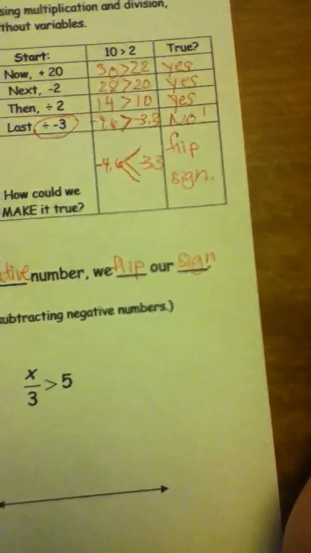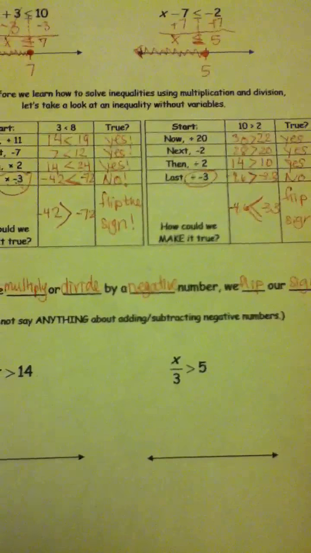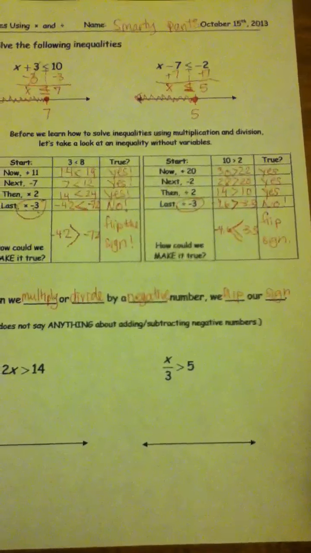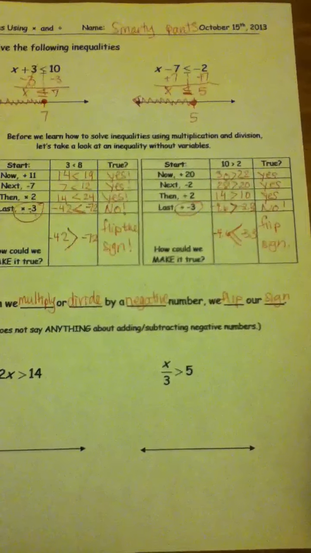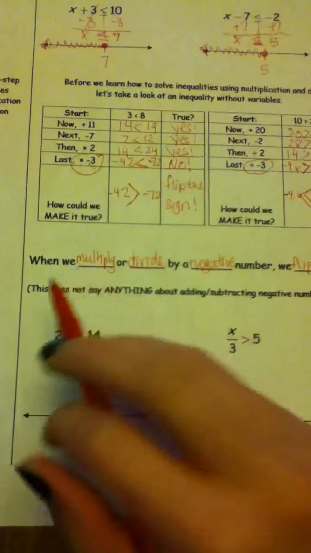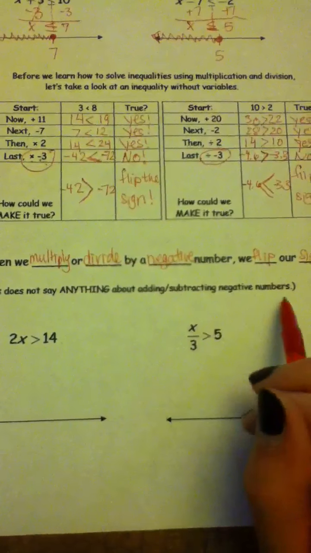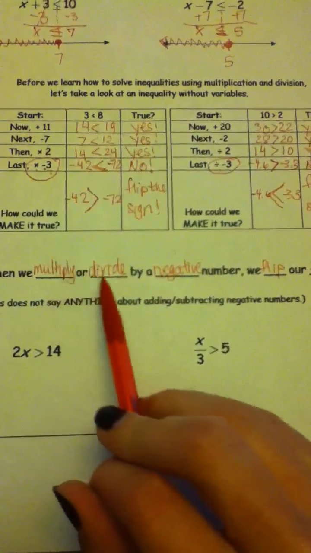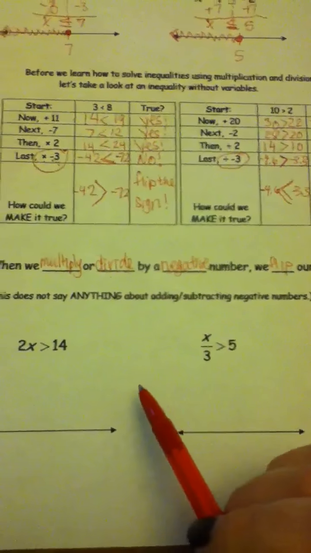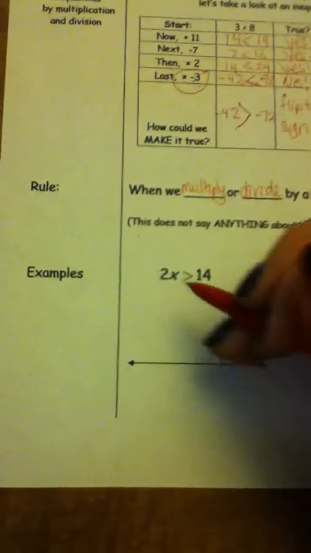Okay? Flip it. Make it go the other way. Alright. So, this does not say anything about adding and subtracting negative numbers. It is only multiplying and dividing negative numbers. That's when you flip. Okay, so let's try it out.